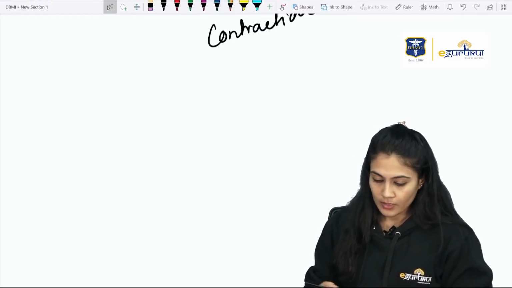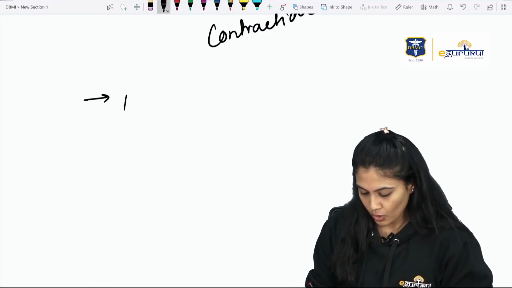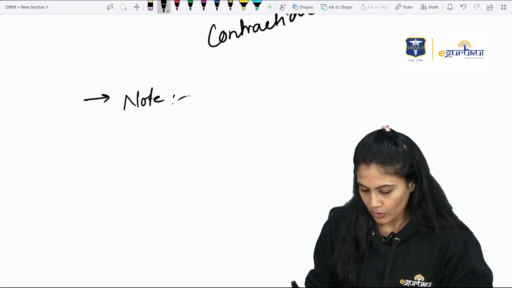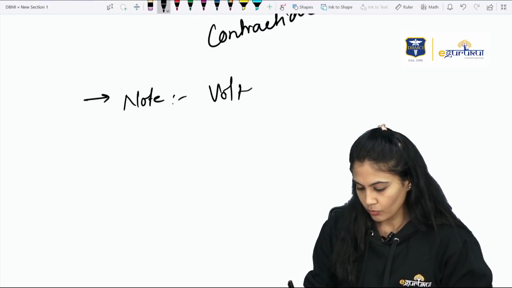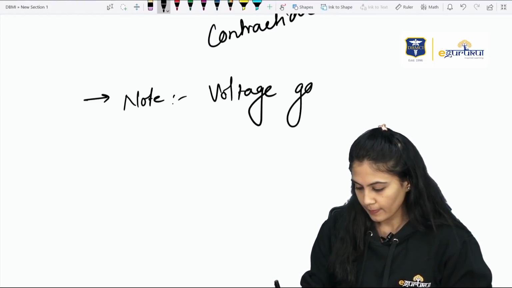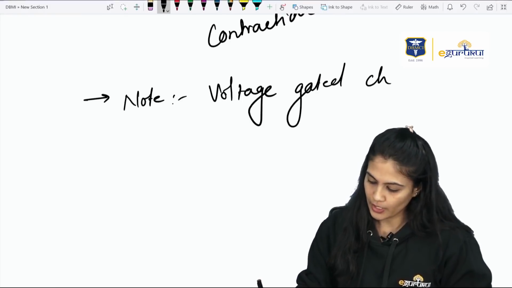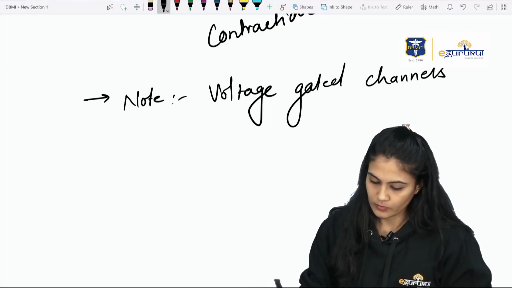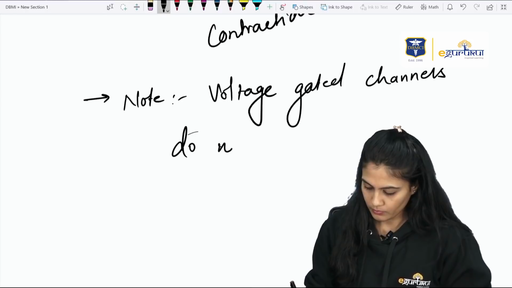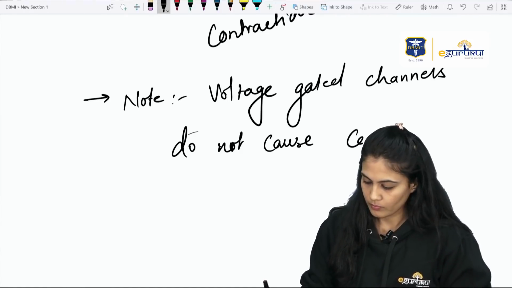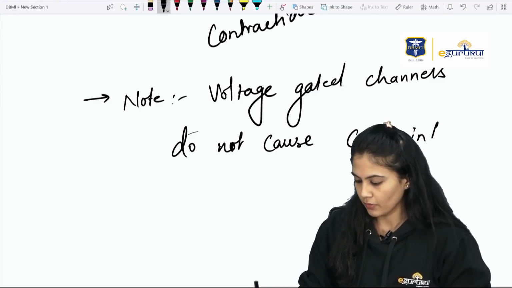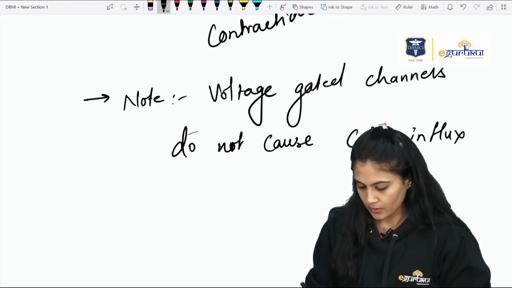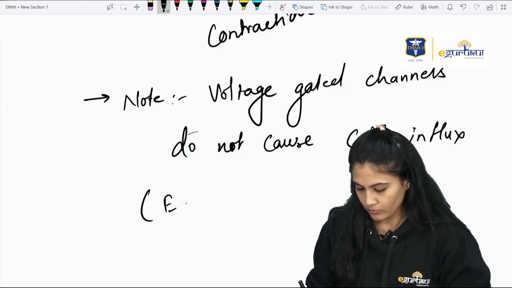The only thing to remember over here is that the voltage gated channels do not cause the calcium influx. This was already asked in one of the AIIMS exams, so note that voltage gated channels do not cause calcium influx.